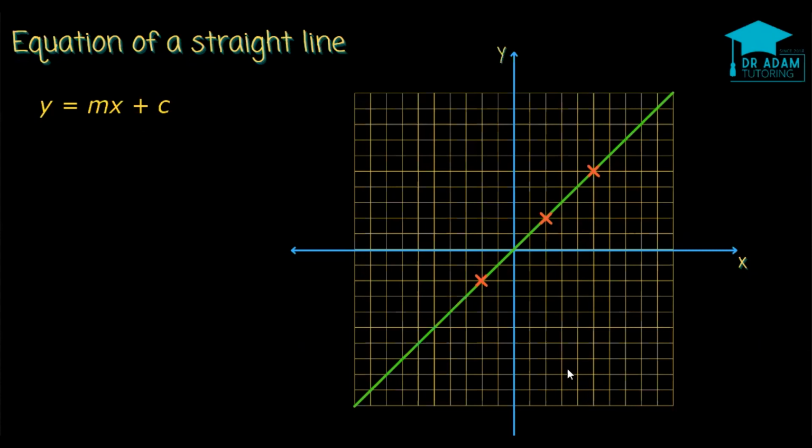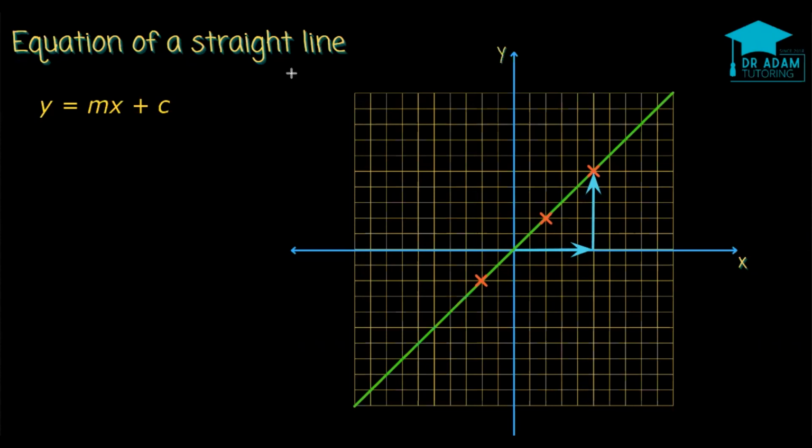Now, if we think about what the coordinates of each of these points are, this will give us some idea of how we can define this line using a relation between the x and the y coordinates. Looking at this first point here, we can see that the coordinates of this point are 5 in the x and 5 in the y.